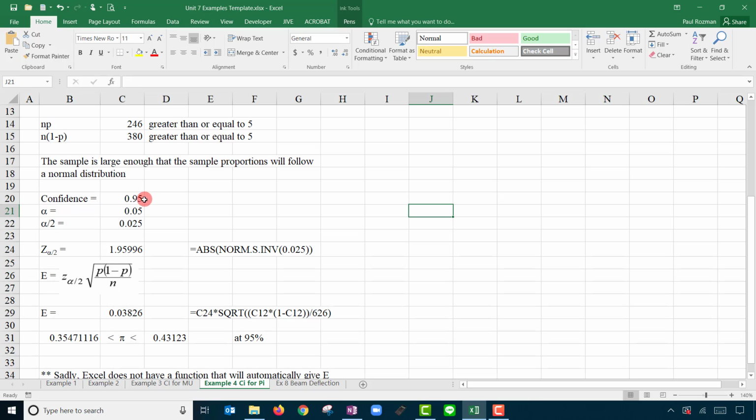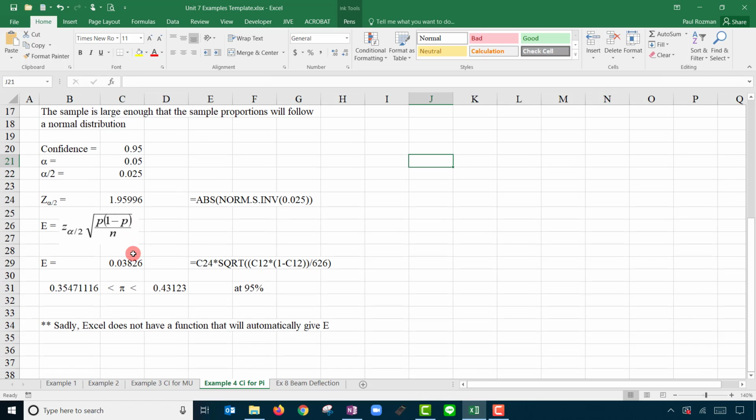It told us to use 95%. Calculated the Z score using Excel. It was norm.s.inv, and it gives you a negative number. So I put the ABS for absolute value to make it positive, and we get our 1.96. And then sadly, this function isn't just built into Excel.